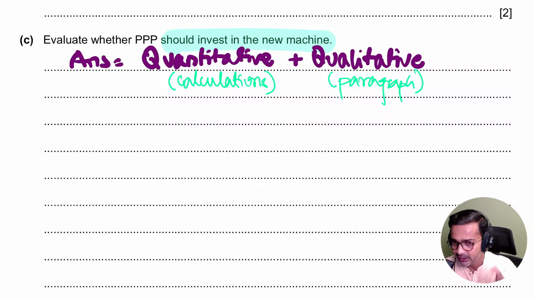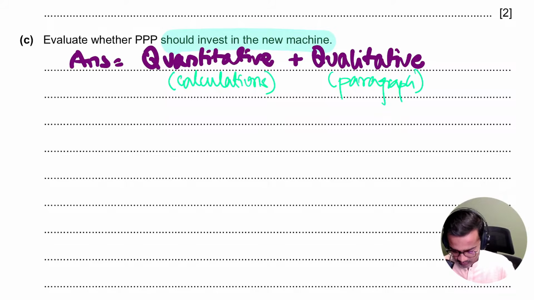So there's incomplete information to fully say that this is financially viable. So that argument must be brought in there. So I'm going to do that first. So my first paragraph will be purely quantitative, discussing all of investment appraisal. And then I'm going to discuss the paragraph, the other things that are in there, and then I'll bring in a final evaluation as well.